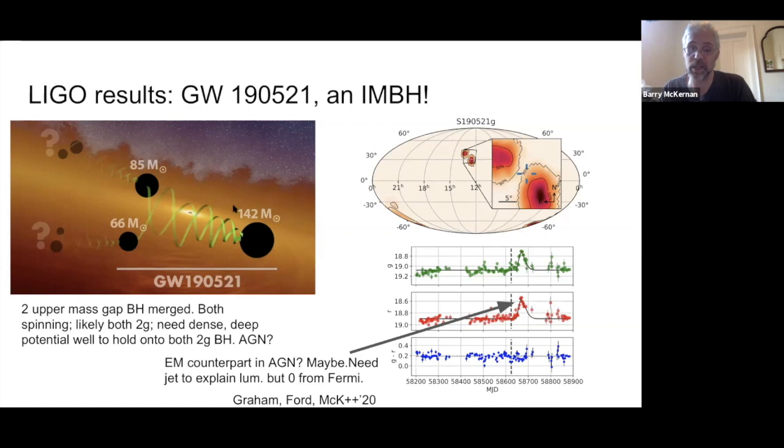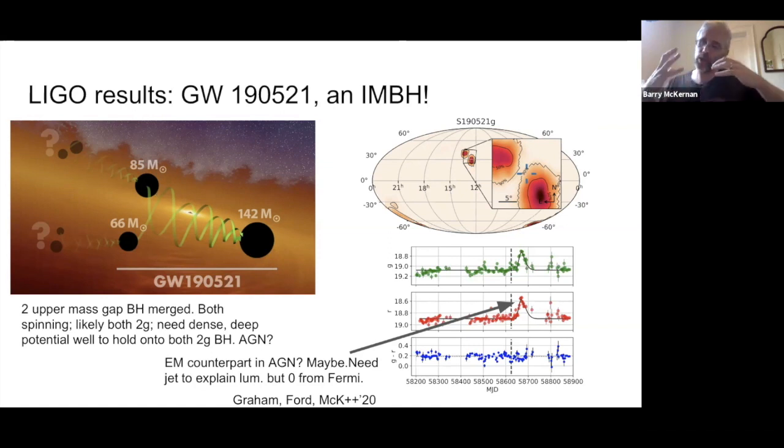This is an intermediate mass black hole. These masses, the 85 and the 66, are in that upper mass gap where we think that stellar evolution can't produce black holes of this mass. So you might think that these objects are the result of a previous merger of black holes. If that's the case, then you can imagine that if you merge two black holes to produce the 85, and you merge two other black holes to produce the 66, these objects, when they form, should have a kick at merger.